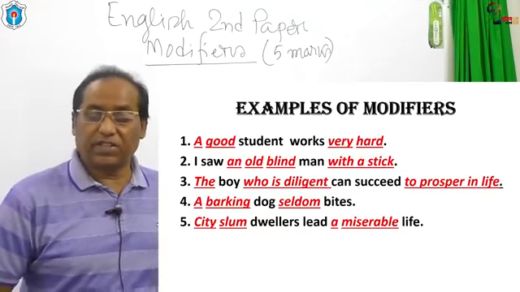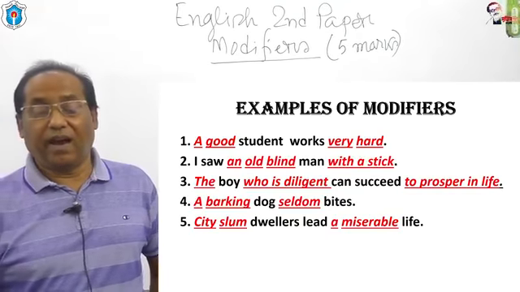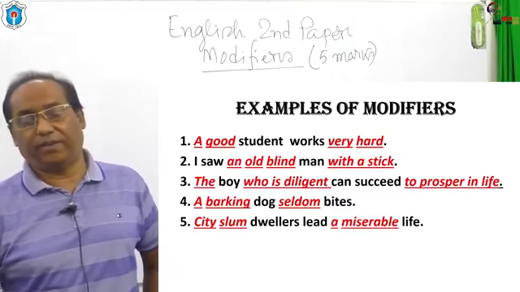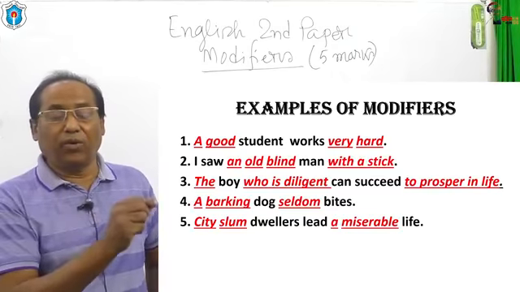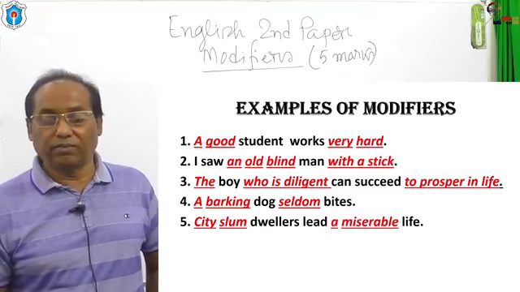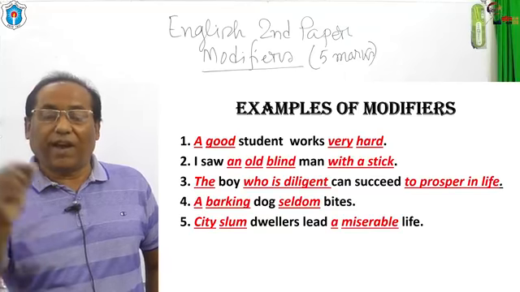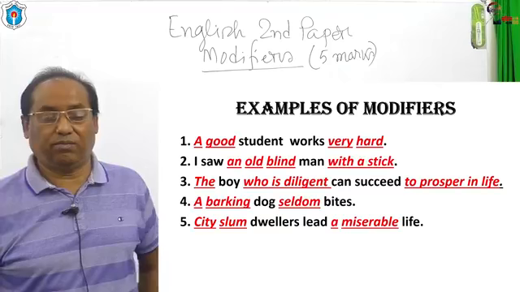City is a noun. A noun can also be a modifier. How? When a noun comes before another noun, the first noun functions as the adjective of the second noun.